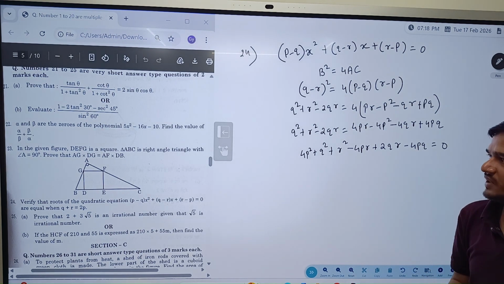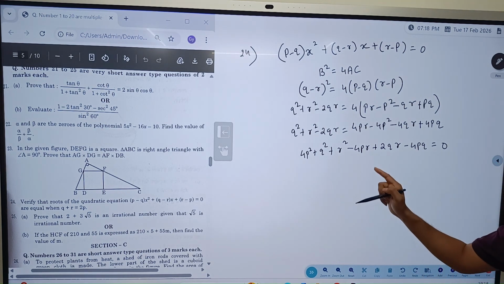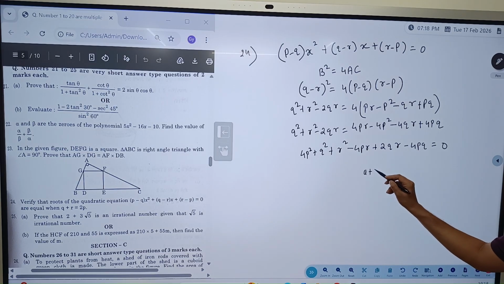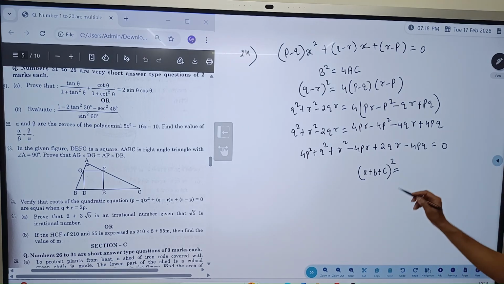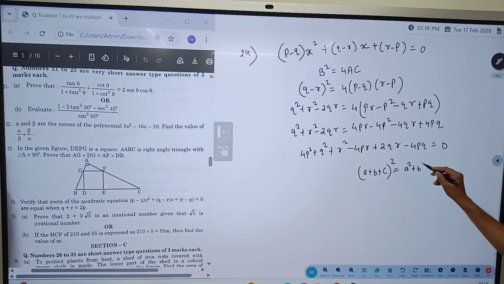Now look, this is an identity. See, we have a formula or an identity, that is A plus B plus C whole square equals A square plus B square plus C square plus 2AB plus 2BC plus 2CA.